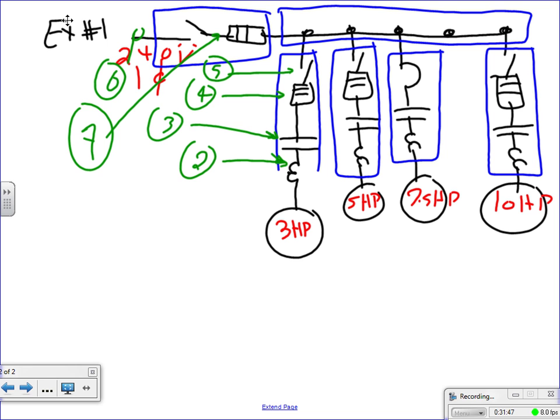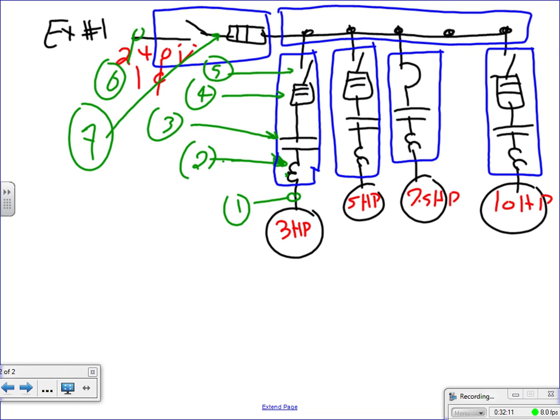This one, use the same convention. The conductor right here is number one. Number two is the overcurrent protection, the overload. Well, we already have number two. Let's continue. First, does it make sense?